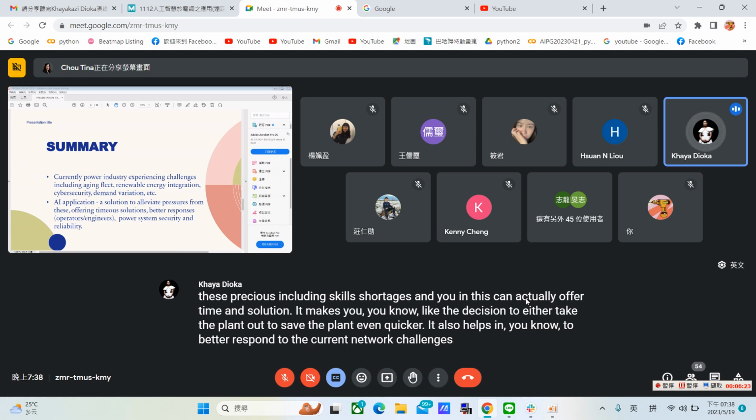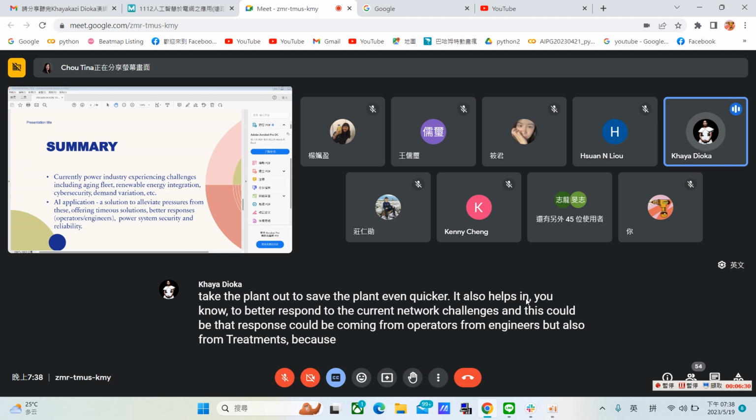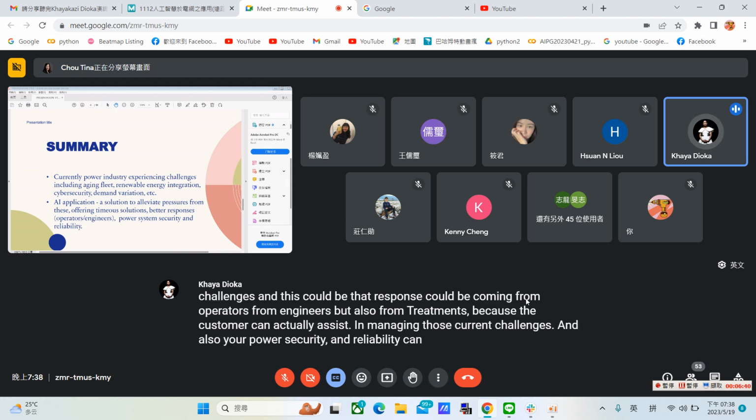That response could be coming from operators, from engineers, but also from customers, because the customer can actually assist in managing these current challenges. And also your power security and reliability can improve vastly by use of AI within the power system.